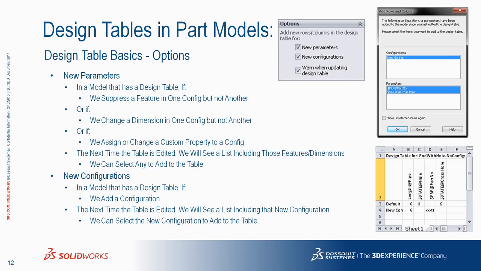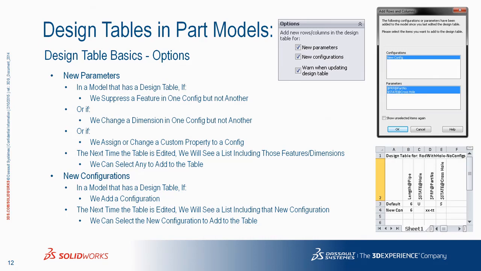In a model that has a design table, if we suppress a feature in one configuration but not in another, or if we change a dimension in one configuration but not another, or if we assign or change a custom property to a configuration, the next time that table is edited, we're going to see a list of those features. And that's what we were talking about before, that dialog box right there.